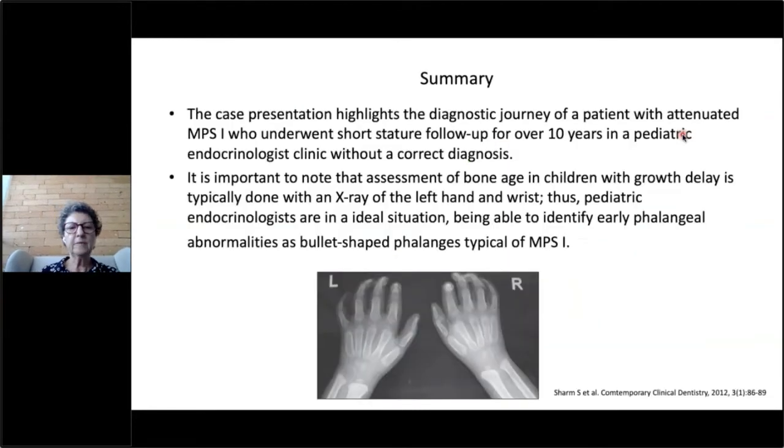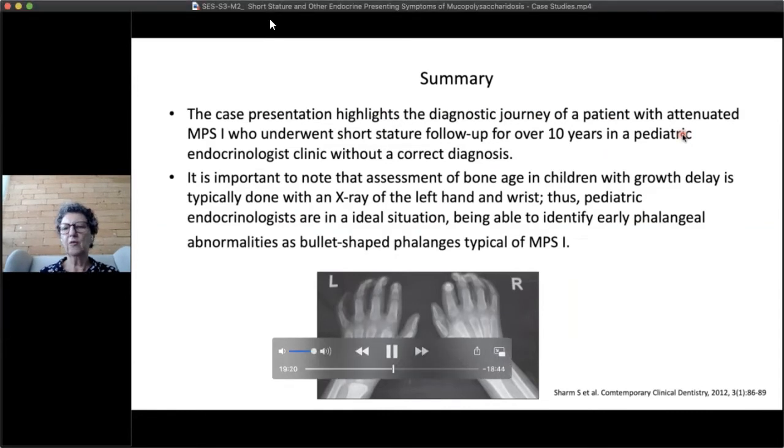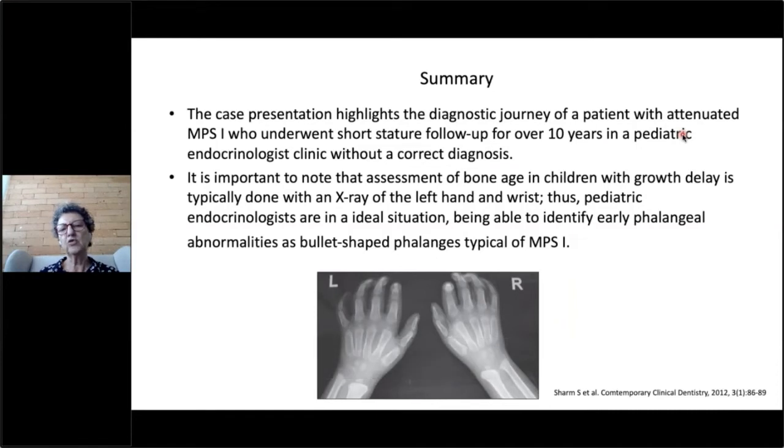In summary, the case presentation highlights the diagnostic journey of a patient with attenuated MPS I who underwent short stature follow-up for over 10 years in a pediatric endocrinologist clinic without a correct diagnosis. It's important to note that assessment of bone age in children with growth delay is typically done with an X-ray of the left hand and wrist.